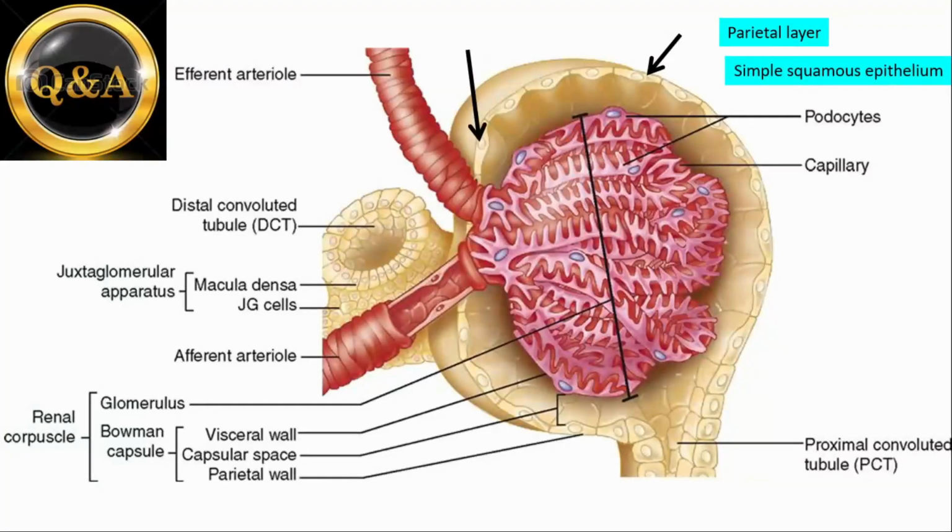Then, as it reaches the point of entry of the afferent arteriole, the point of reflection, it changes from parietal layer to visceral layer. The visceral layer is going to cover what? It covers the capillaries, covers the glomerulus. And is it going to stay as simple squamous epithelium?